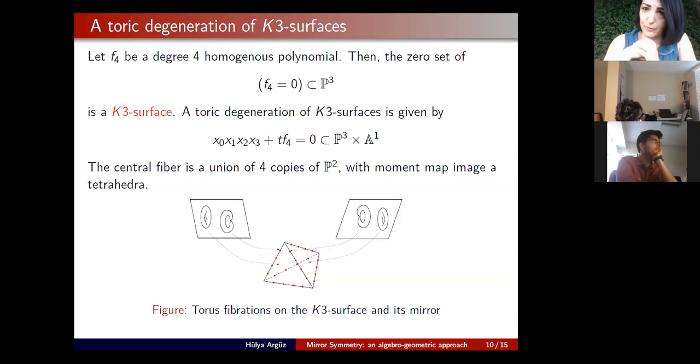So when you have a toric degeneration, you have the data of an integral affine manifold with singularities. And now you want to build a smoothing, a mirror family, out of this data. But this data of an integral affine manifold with singularities is not enough to build a mirror family.